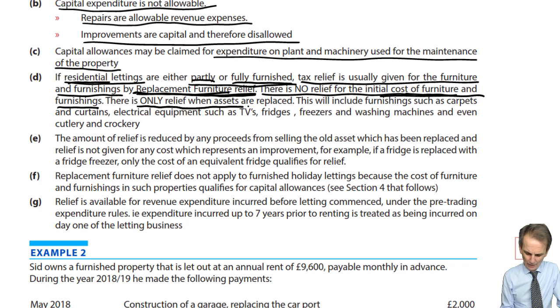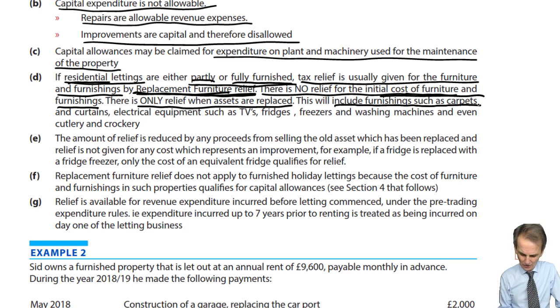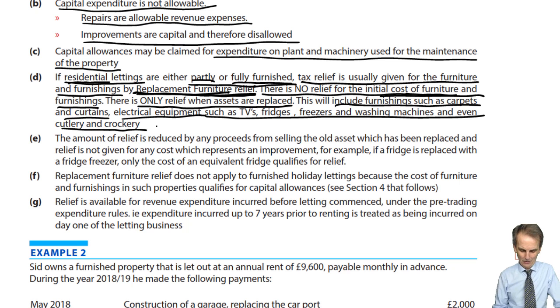There is only relief when assets are replaced. But when we're replacing, are we replacing on a like-for-like basis? Because that comes into it too. This will include furnishings such as carpets and curtains, electrical equipment such as TVs, fridges, freezers, washing machines, and even cutlery and crockery.